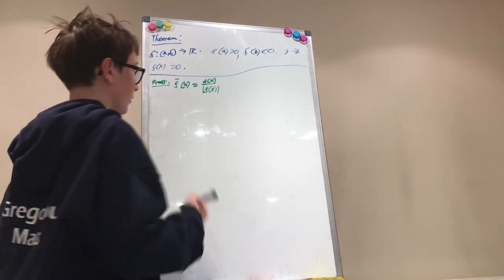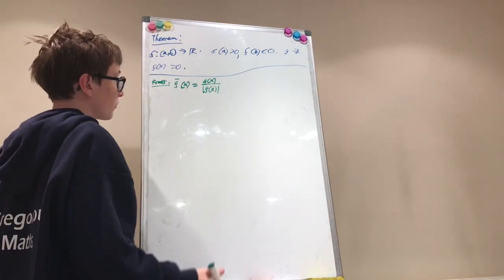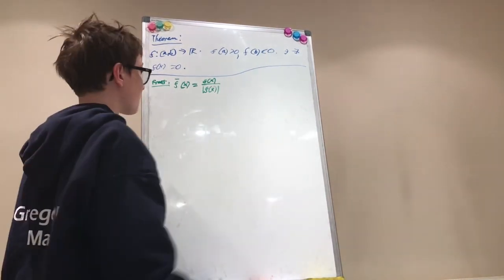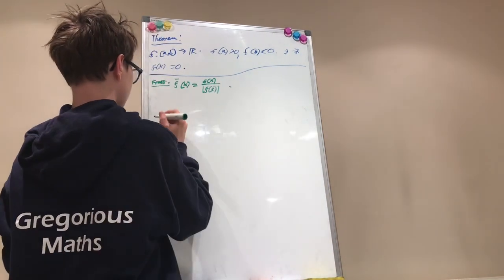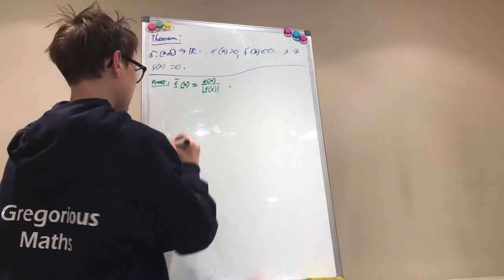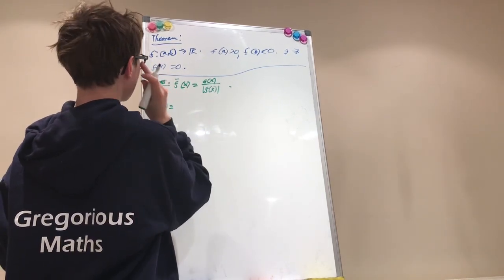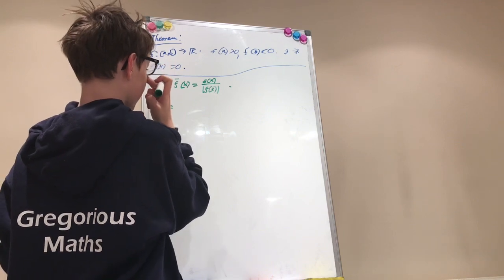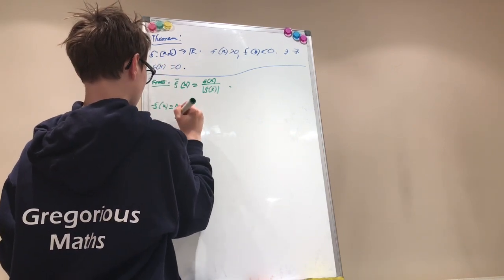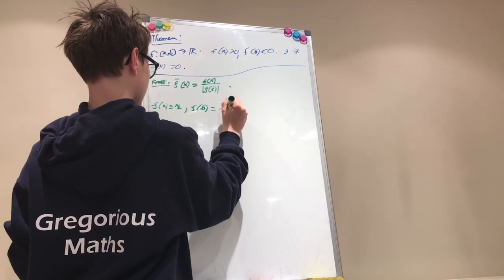Okay? So let's show that. Well, of course this is continuous because f of x is not equal to 0. Okay? And now f of a is greater than 0, so f bar of a is equal to 1, f bar of b is equal to -1.